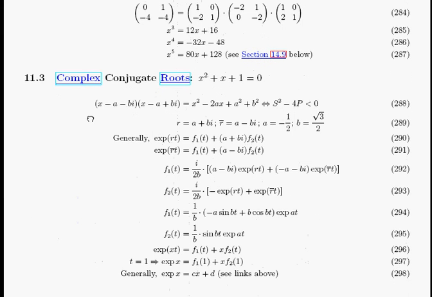Now, complex conjugate roots. When delta is less than 0, we have the roots a plus bi, a minus bi. For instance, 120 degrees unitary times i, exponential.